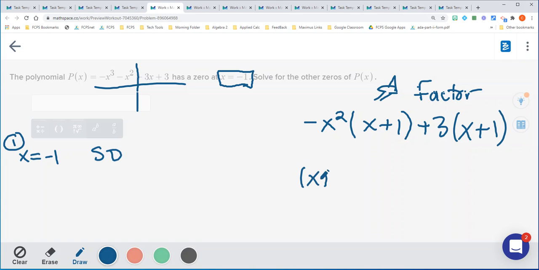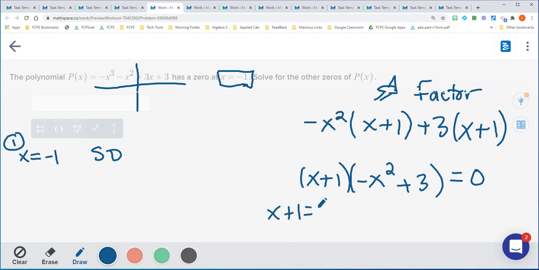So the x plus 1, negative x squared plus 3. You could type in this part, but it says solve for the other zeros. So we get x plus 1 equals 0. Yes, negative 1, ding, ding, ding. That means I'm on the right track.